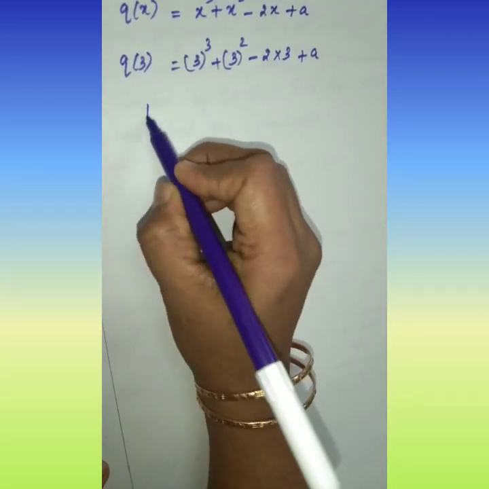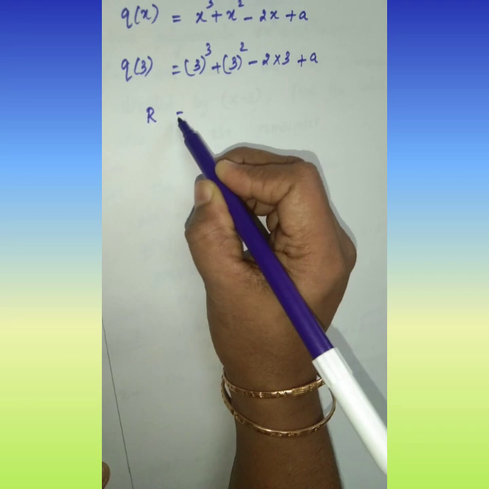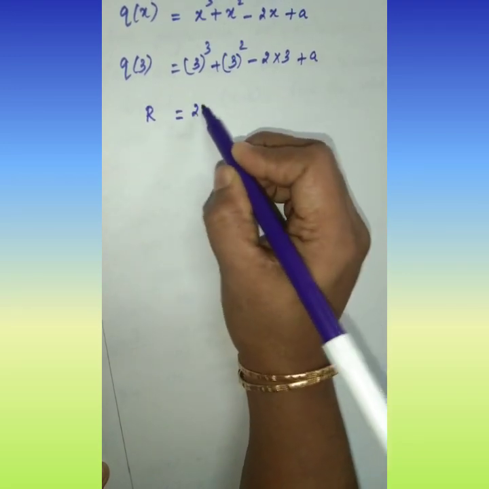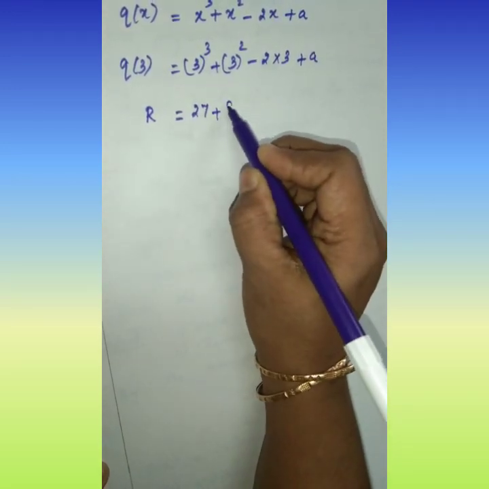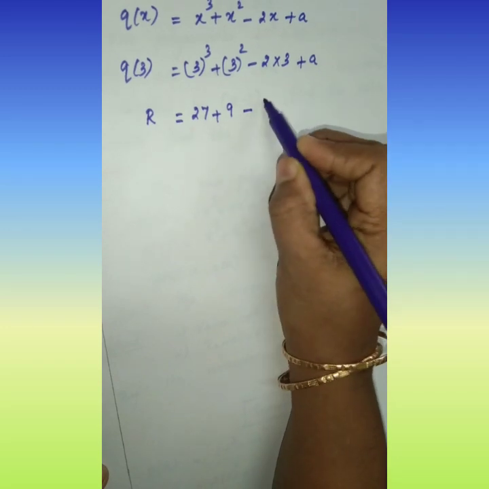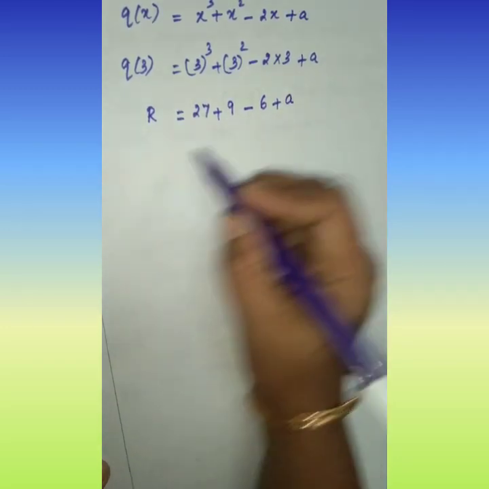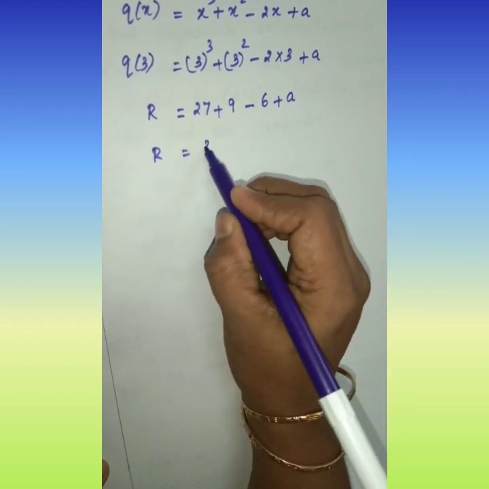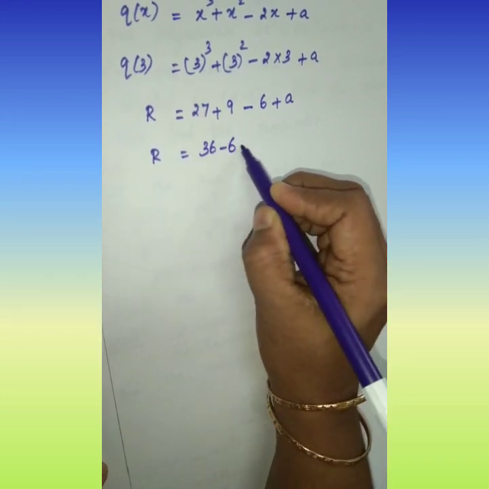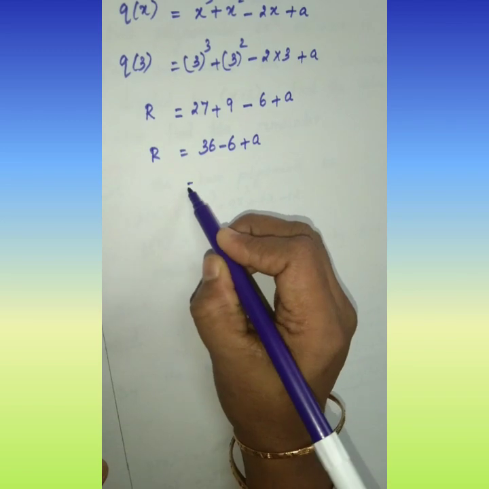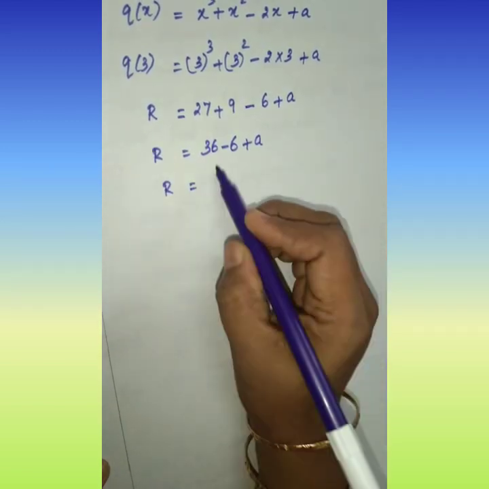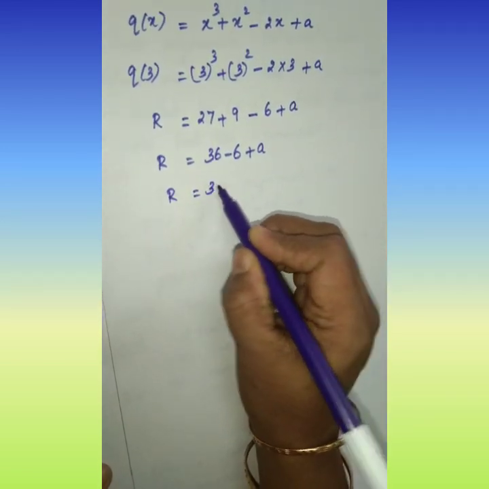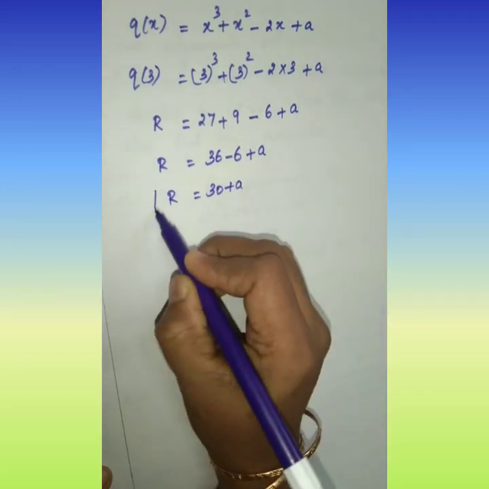Q of 3 already we have mentioned as capital R, that is a remainder. So 3 cube is 27, 3 square is 9 minus 3 2s are 6 plus a. So remainder is equal to 27 plus 9 is 36 minus 6 plus a. That is equal to, our remainder is 36 minus 6 is 30 plus a.